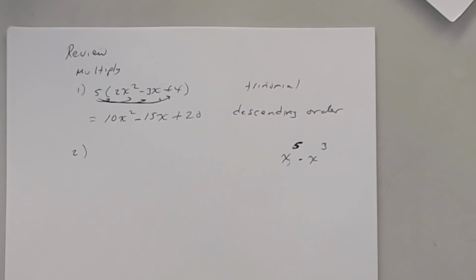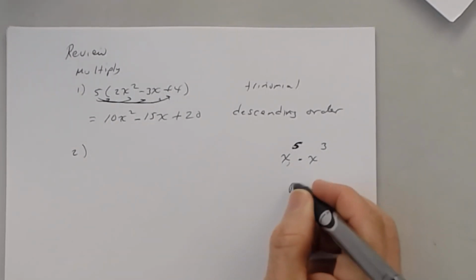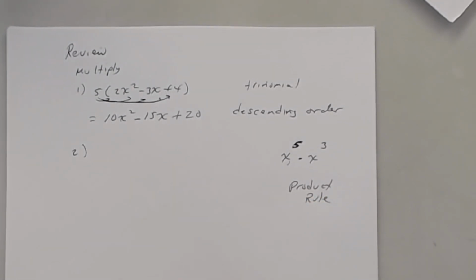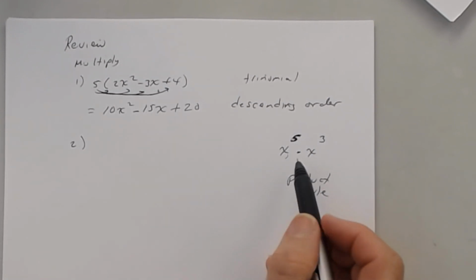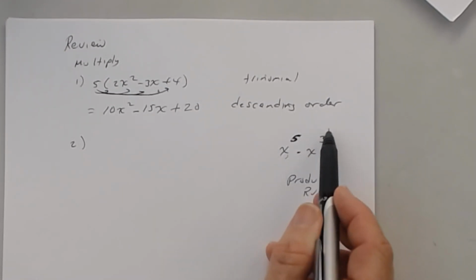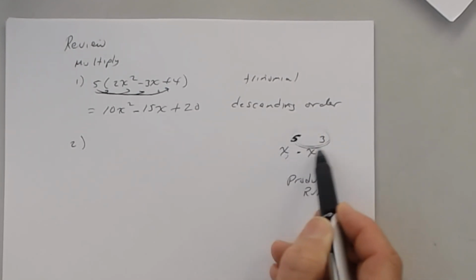Remember last semester you talked about the product rule. It basically said that when you multiply like bases, you do what to those exponents? You add them.